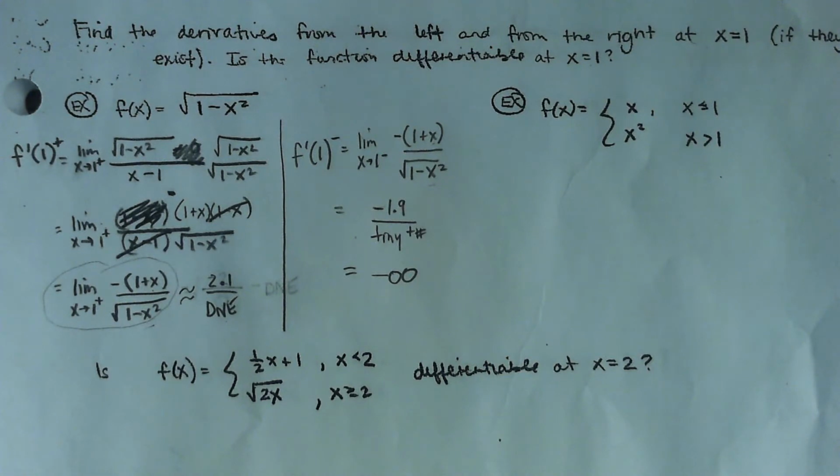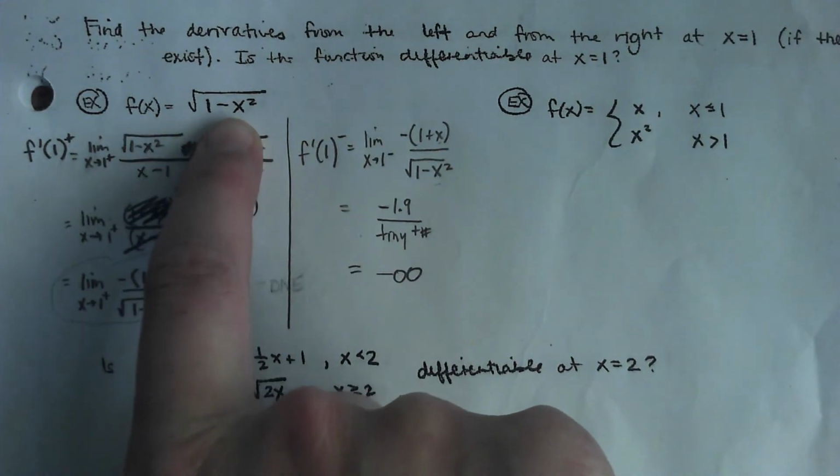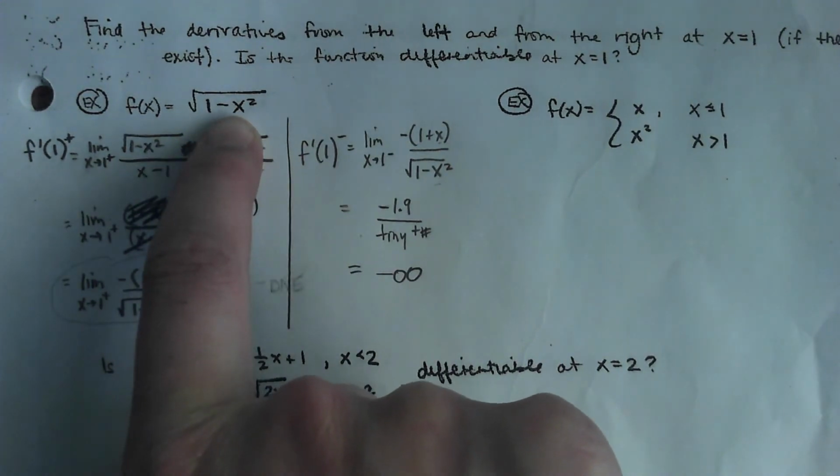Go back to graphing 101 when you were in 5th or 6th grade and you learned how to graph. Just pick values. Pick some x values, plug them in, and see to the best of your ability and approximate where some points would be, and then connect your points, right? On this particular one, you can't plug in anything greater than 1 or less than negative 1.